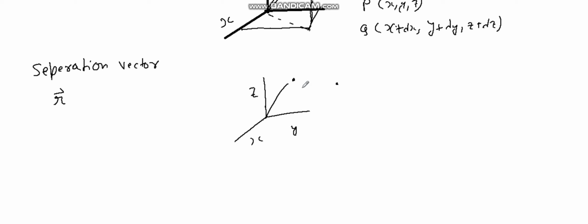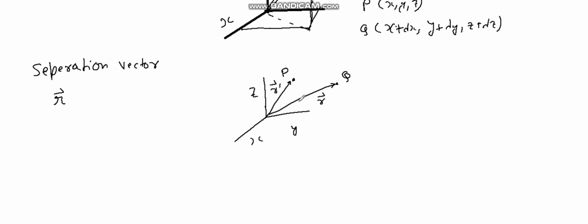The position vector of this first point, let's say P, is R dash. And this other point in space, let's say this is Q, its position vector is R vector.